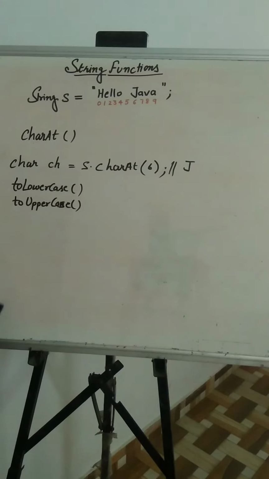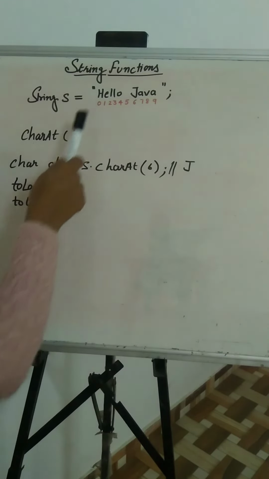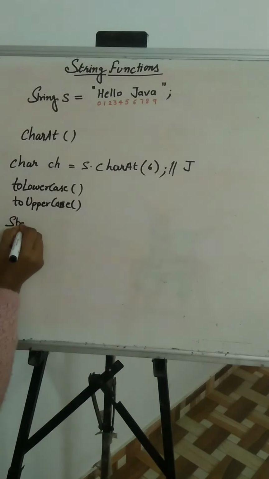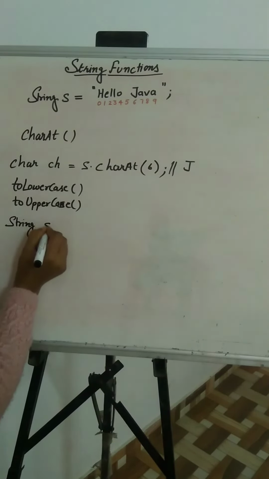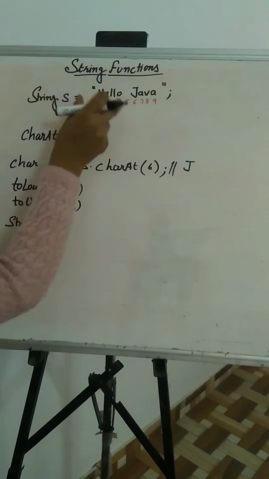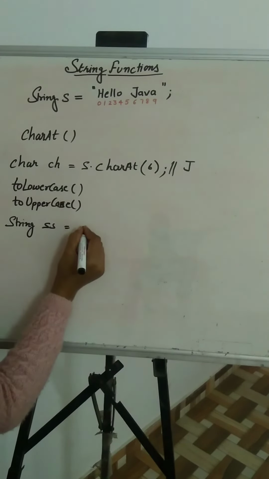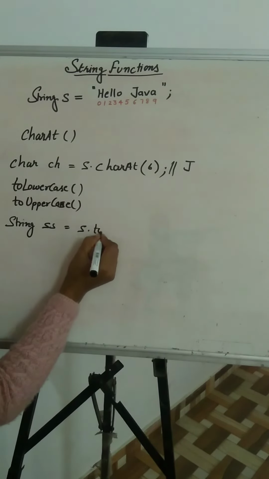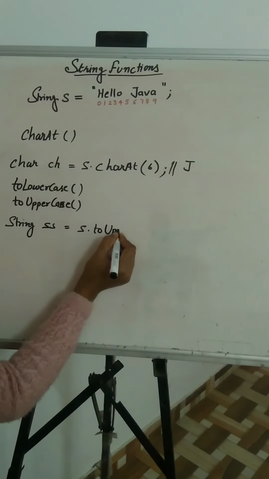Or if you want to store your string in small letters, all characters in small form, we use toLowerCase. So how do we write the syntax? It stores the whole string, so the result will be in string type. String SS equals, we have to convert the S string, hello Java, in capital letters. So here we write S dot toUpperCase.